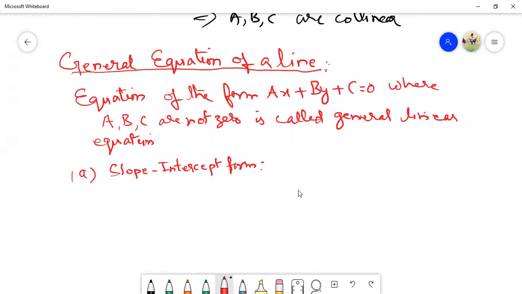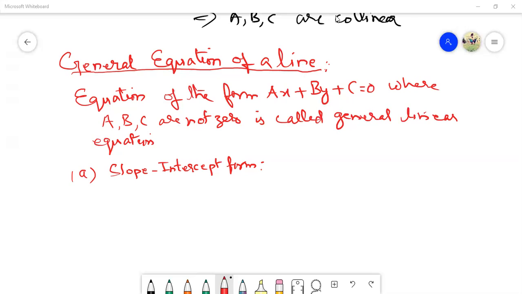Yes, Mudassir, I'll unmute you. Sir, its equation is y is equal to mx plus b, where m is the slope of the line and y is the intercept.